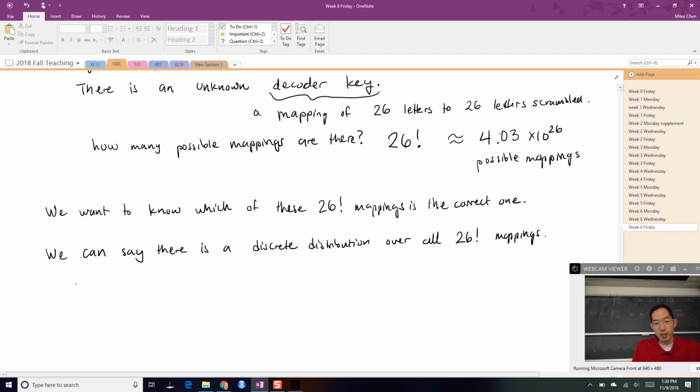And this would be the probability of, we'll say the mapping is theta given our data. This will be a discrete probability distribution.